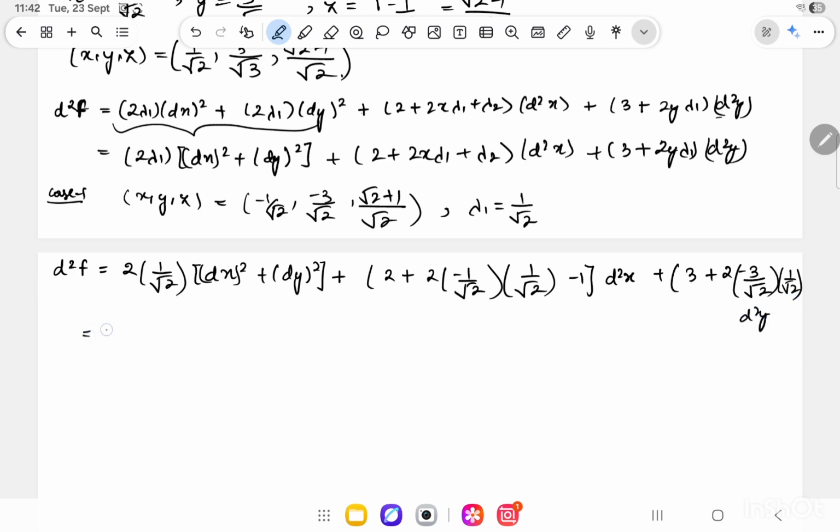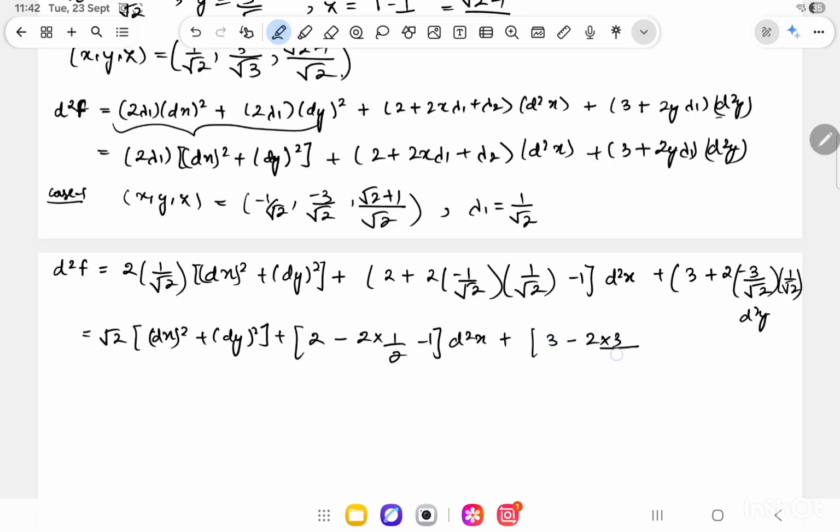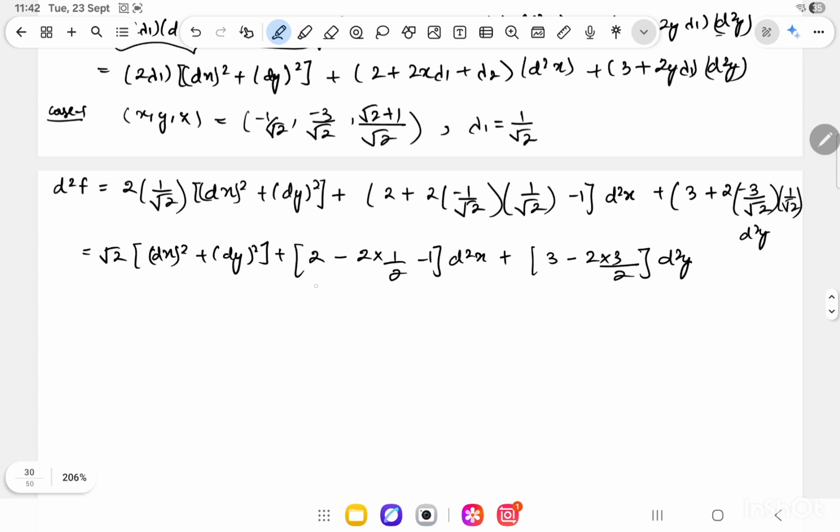So if I simplify it, I'll get root 2 into dx square plus dy square plus 2 minus 2 into 1 by 2 minus 1 into d square x plus 3 minus 2 into 3 by 2 into d square y. So this 2 balances this 2, and here also.